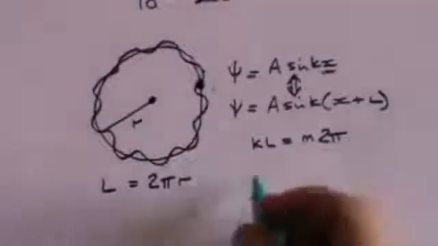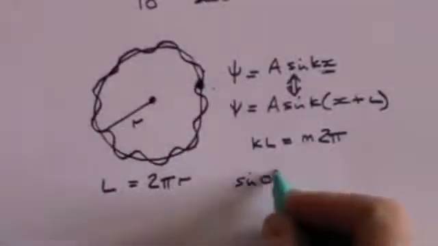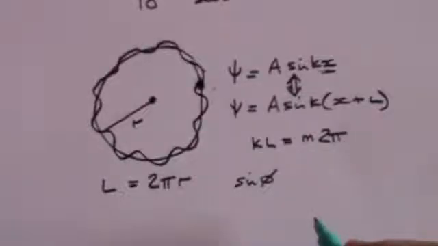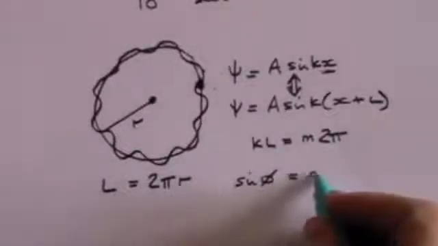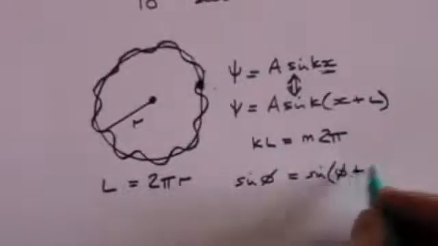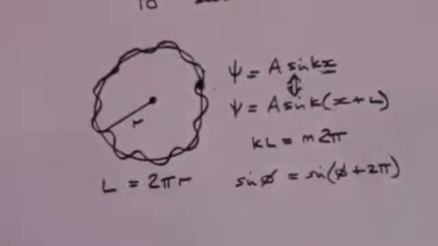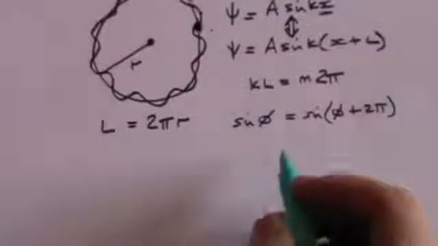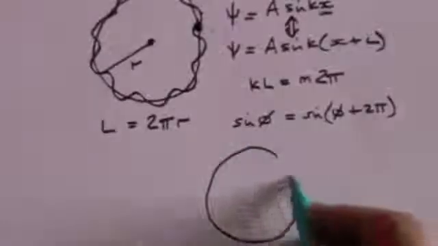The reason for that is that if you've got the sine of any angle, sine phi, that is going to be equal to sine of phi plus 2 pi, because you've just gone round the circle. Let's just illustrate that.